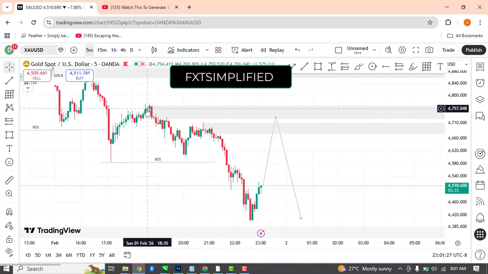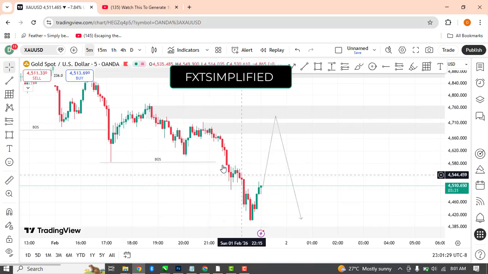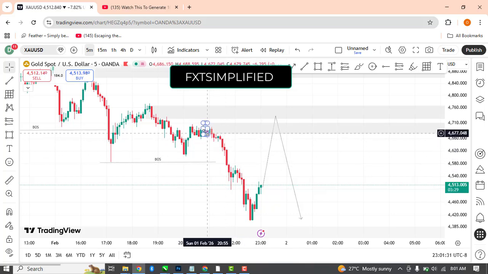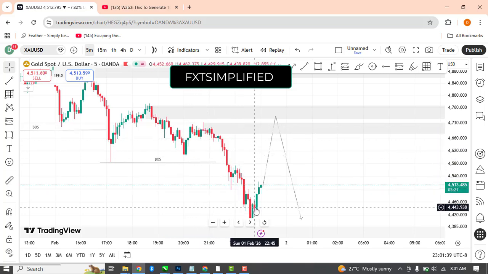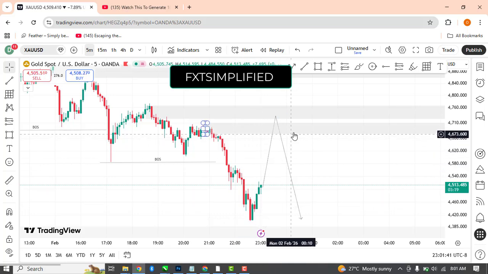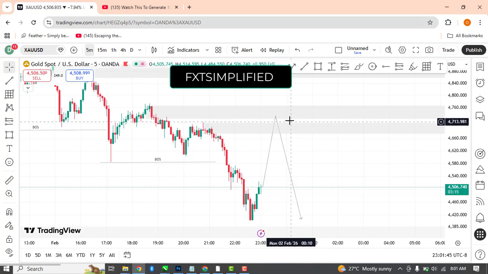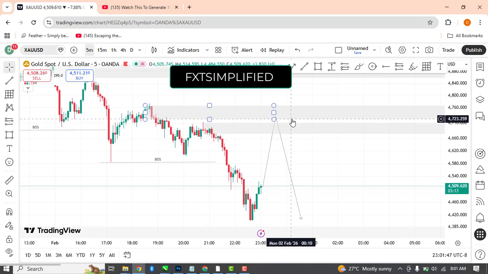Price came all the way down, and then retraced a little bit before it continued the downward movement. So price could actually retest this one, and if the candle breaks through this place, then we are going to look to sell the market at this level.